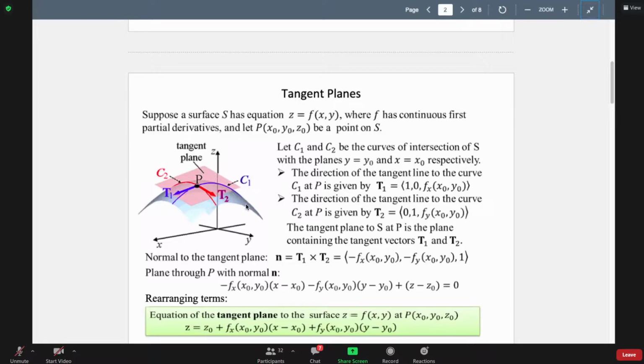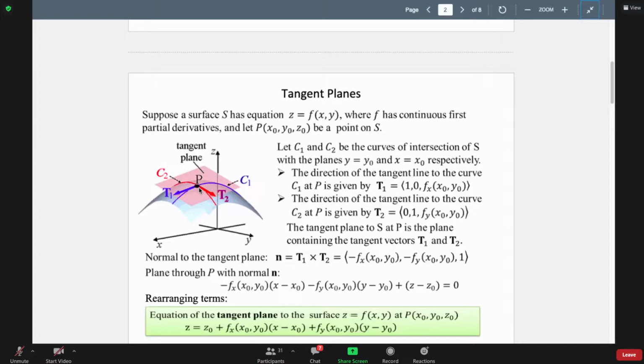C1, this blue one, is the intersection of the surface with the plane y equals y0. And this red curve is the intersection of the surface with the plane x equals x0. Now, we can compute tangent vectors at this point to those curves.